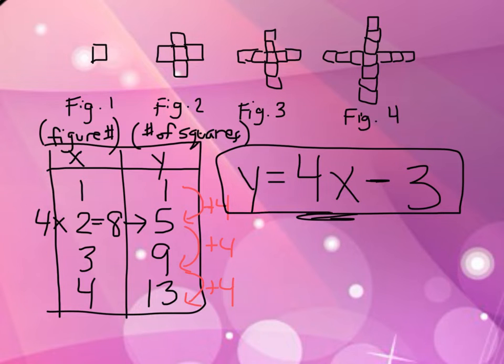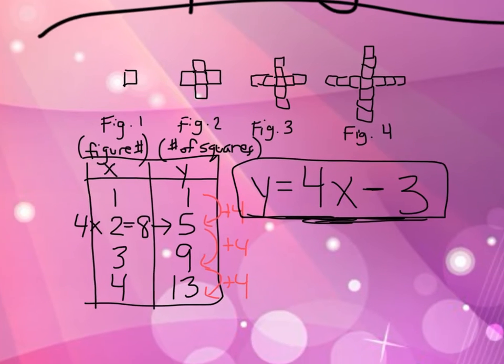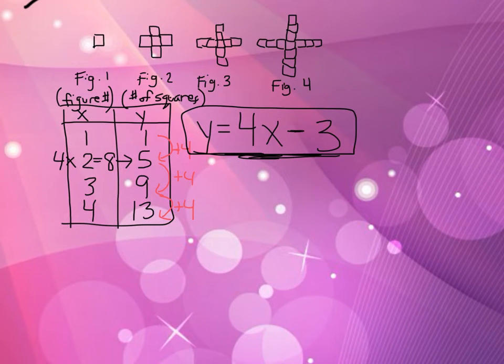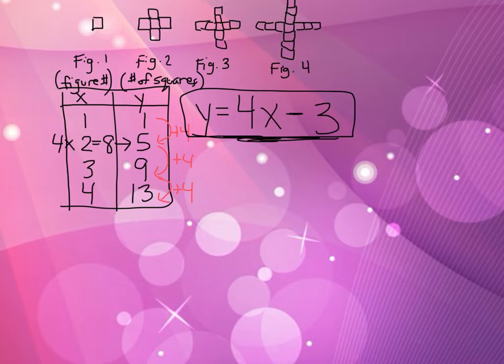Now the great thing about having this equation is that we can use it to figure out, like that example I gave earlier, how many squares make up figure 100. So let's actually figure that out right now, using this equation to our advantage. So figure 100, we need to figure out how many squares make up that figure.